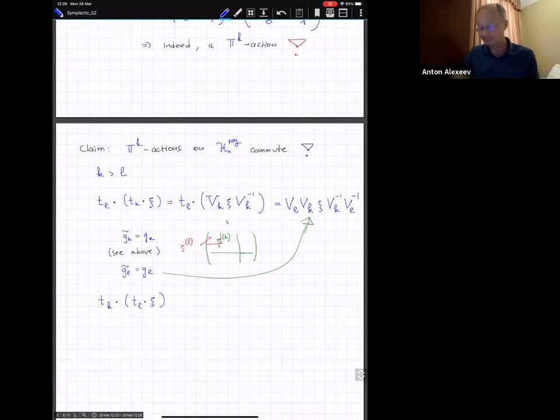So this is equal to, of course, by definition, Tk acting on Vl Xi Vl minus 1. And in particular, how does this thing look? I want to split it now into the left corner, which is now k by k.